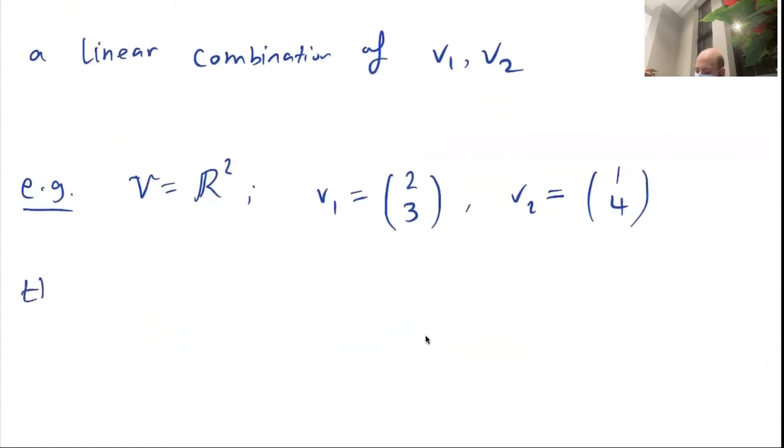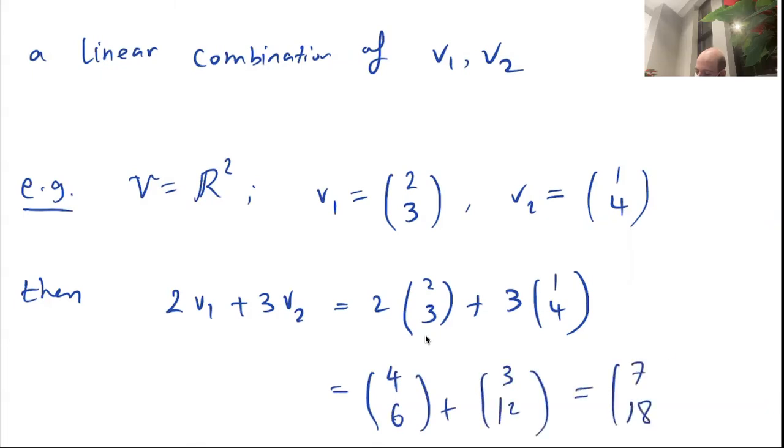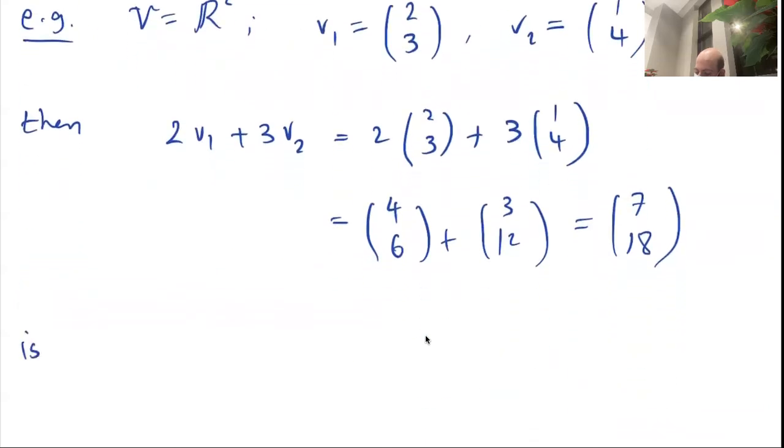So, for example, 2 times V1 plus 3 times V2, which is 2 times (2, 3) plus 3 times (1, 4), simplifies to (4, 6) plus (3, 12), which is (7, 18), is a linear combination of V1 and V2.